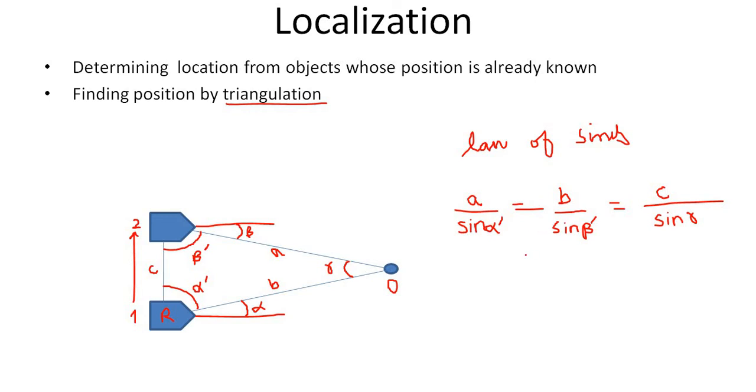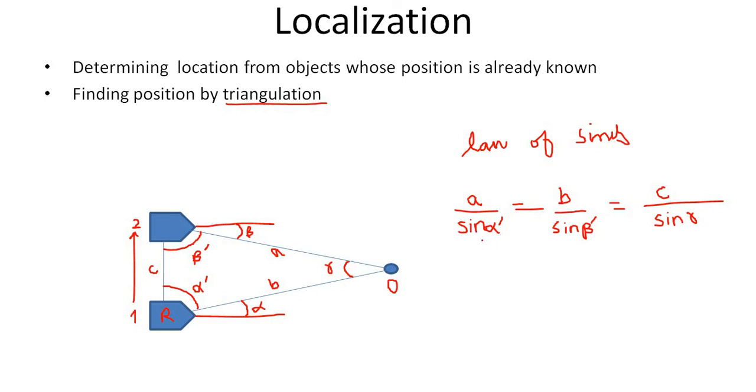So from this equation, alpha prime is known because alpha is known, and alpha prime is just 90 minus alpha, and then we can calculate the sine of this.